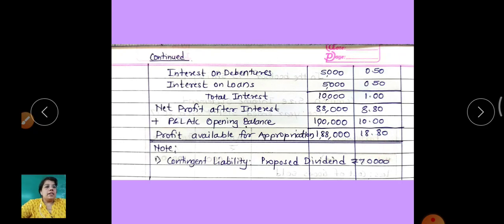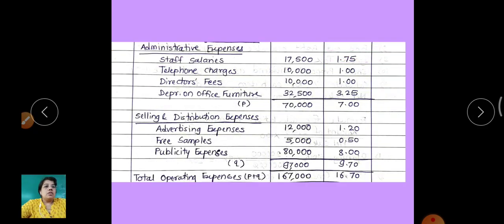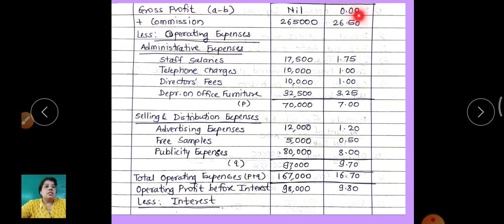Now what will we interpret? We can see here gross profit is nil, that means it is not sufficient to cover the operating expenses, but the commission is there and this commission has covered all these operating expenses. So the gross profit is 0 and it is not sufficient, that we can interpret here. In selling and distribution, the depreciation is higher. In administrative expenses, the depreciation on office furniture is higher.